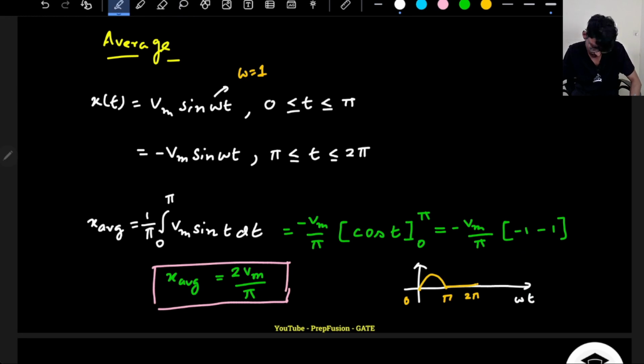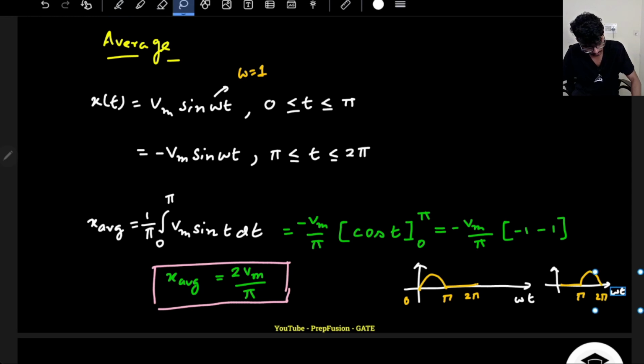Now what if my waveform is something like this? Pi to 2 pi. Can you tell me the average value of these things?